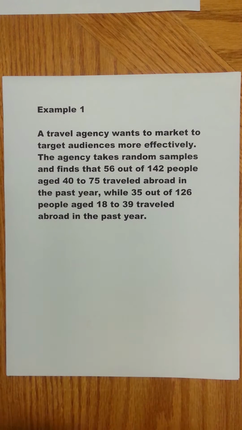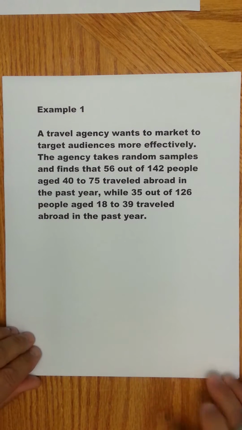Let's say in example 1 we have a travel agency that wants to market to target audiences more effectively. The agency takes random samples and finds that 56 out of the 142 people aged 40 to 75 traveled abroad in the past year, while 35 out of the 126 people aged 18 to 39 traveled abroad in the past year.